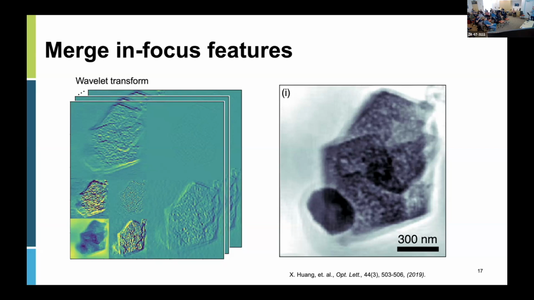We do this for each single pixel, and by doing this, we can compress this image stack into a single frame where each pixel has the maximum pixel value through the stack. Then we apply an inverse wavelet transform to obtain the real space image with features at different depths sharply presented. So this is our second way to extend the depth of field.